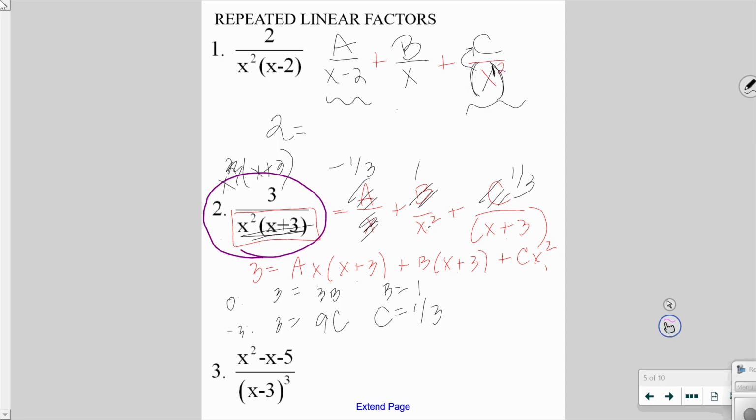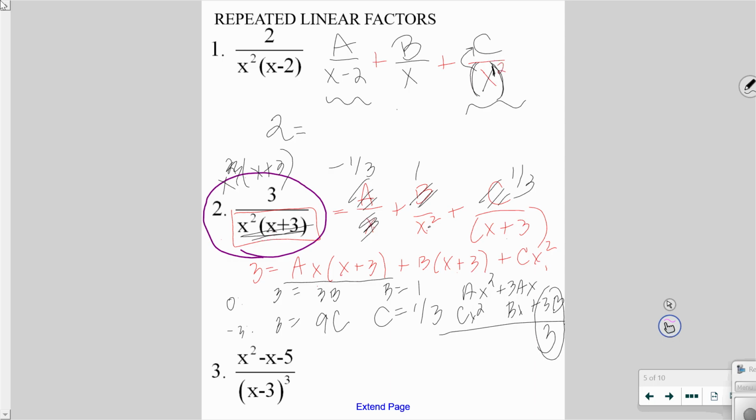So matching coefficients, I'm going to multiply that part out. Ax squared plus 3Ax. I'm going to multiply this out. Bx plus 3B. That's on its own. I'm going to put it right underneath the x squared. That has to all equal 3. So that verifies that B is 1.